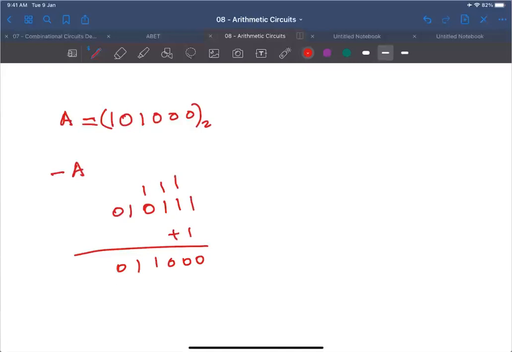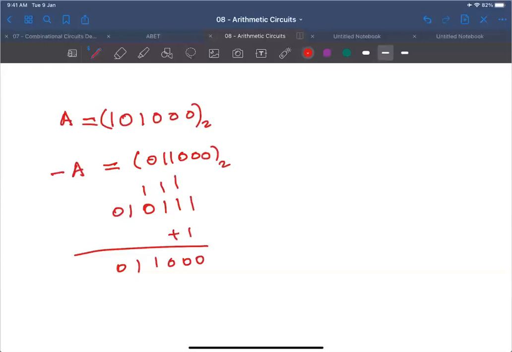Anyone can check, please. 0 with a carry of 1, then 0 with a carry of 1. Yes. Carry 1 and 1 and 1. Okay, yeah, I got it right. So this is the negative counterpart of the number. Minus A is equal to 0 1 1 0 0 0.